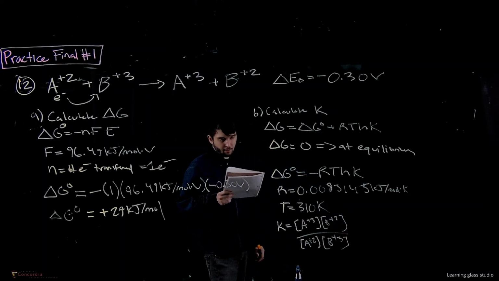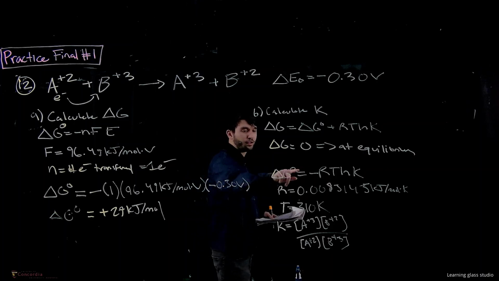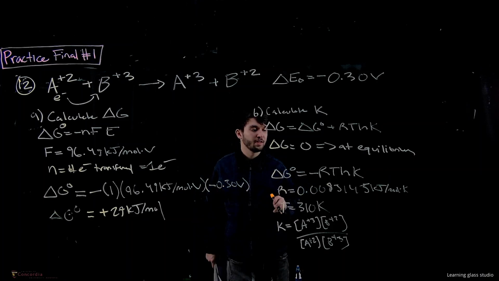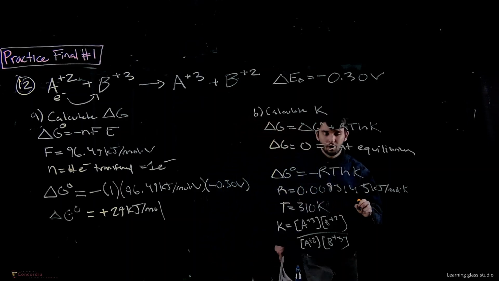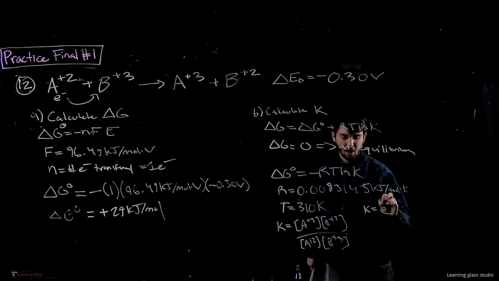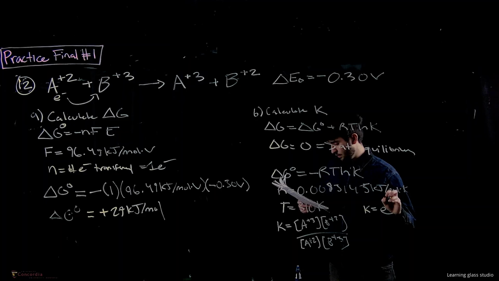Okay. So now we have to rearrange this equation to solve for K. So what we're going to do is divide both sides by RT and then get rid of the ln by doing e to the power of both sides. So we get K is equal to e to the power of negative delta G standard over RT.